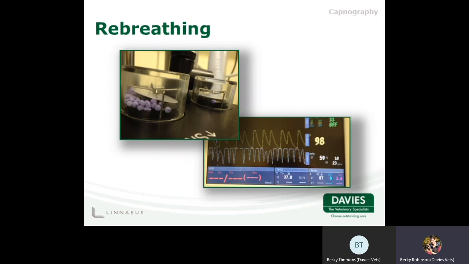So the rather fuzzy capnograph trace, apologies for the photo quality. I was trying to do about 3 different things at once at this point, but we can see that this patient is not only hypercapnic with an end-tidal carbon dioxide of 59 millimeters of mercury, we can see that the baseline is not reached. So we have an inspired carbon dioxide concentration of 10 millimeters of mercury.